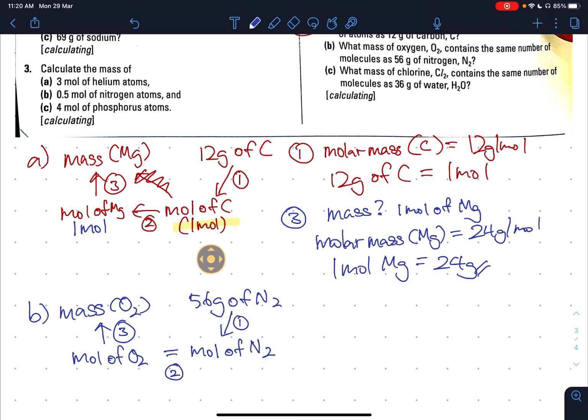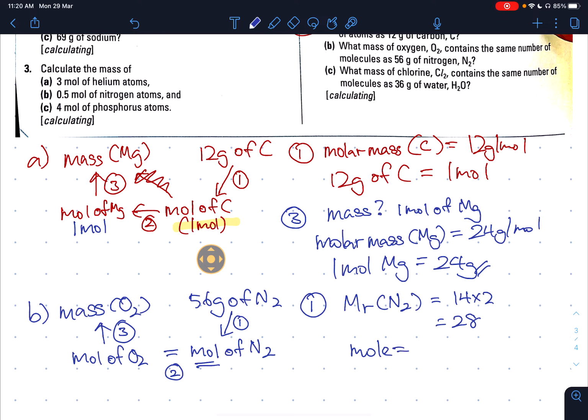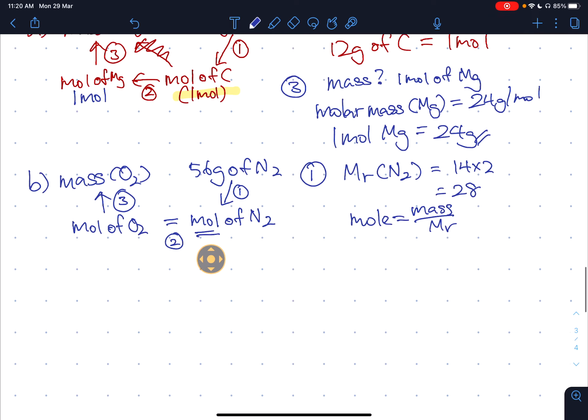For step 1, let me use the equation for the first time today. Firstly I need to find the Mr of nitrogen. From the periodic table I know it's 14 times 2, so that equals 28. I want to find the number of moles. Moles equals mass divided by Mr. That's the equation that we learned.